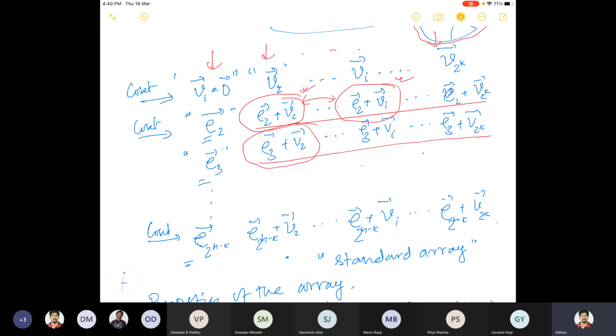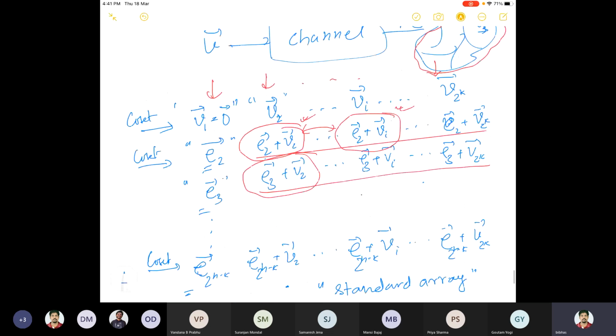Let's say the first row, E1, is 0. The second row is E1 plus V2, because 0 plus V2 is V2, and so on up to E1 plus Vk. For the next row, fix E2, and the entries are E2 plus V2, E2 plus V3, and so on. V1, V2, up to Vk form a vector space, which means that's a group. So it has exactly the coset structure, and each of these rows is nothing but a coset of the original group.